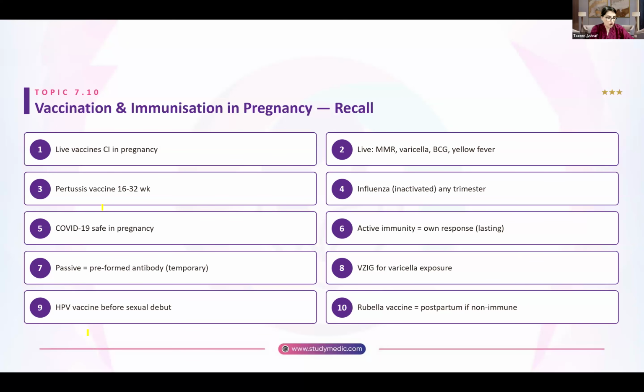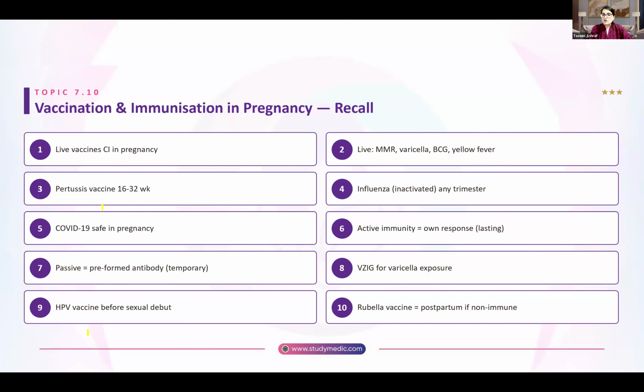So when we talk about live vaccines, they are measles, mumps, rubella, varicella, beta HCG, and yellow fever. That is something important to remember. Influenza is inactivated; any trimester we can give the influenza vaccine. Active immunity is when the body's own response is there.